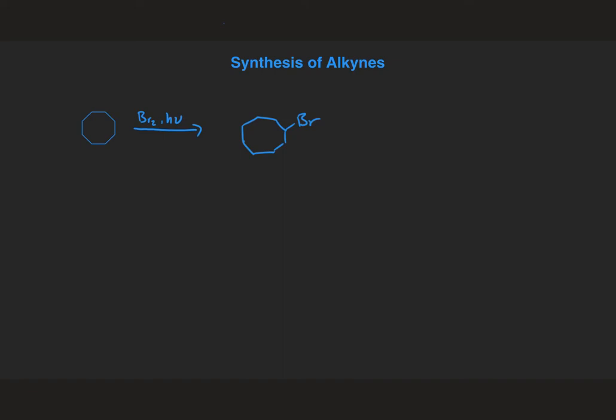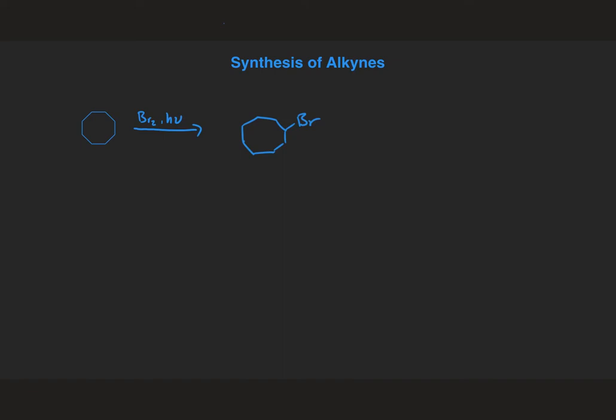Now to form an alkyne, we need two leaving groups, and so you might want to treat this with another equivalent of Br2 and light. But that reaction isn't super selective. And so if we want to form explicitly one alkyne, there is a better method to do that.